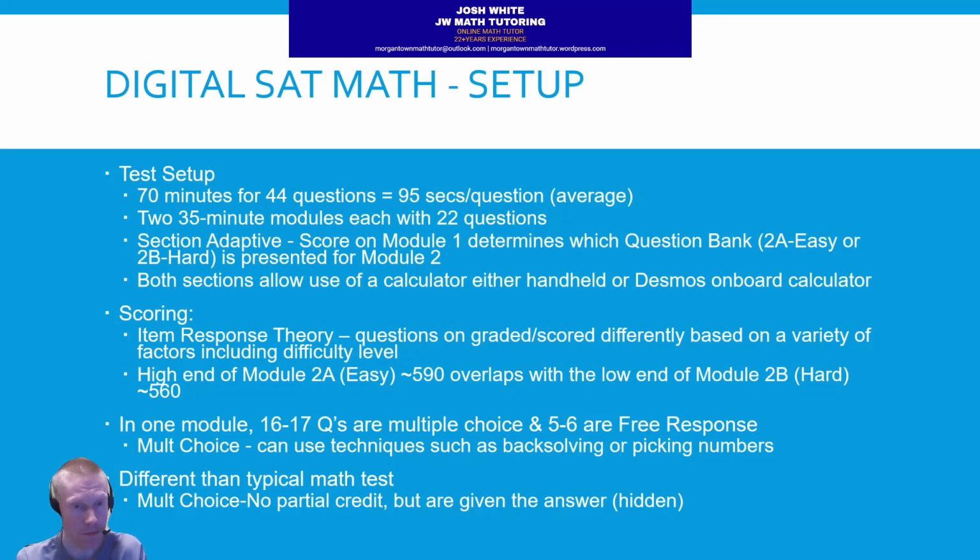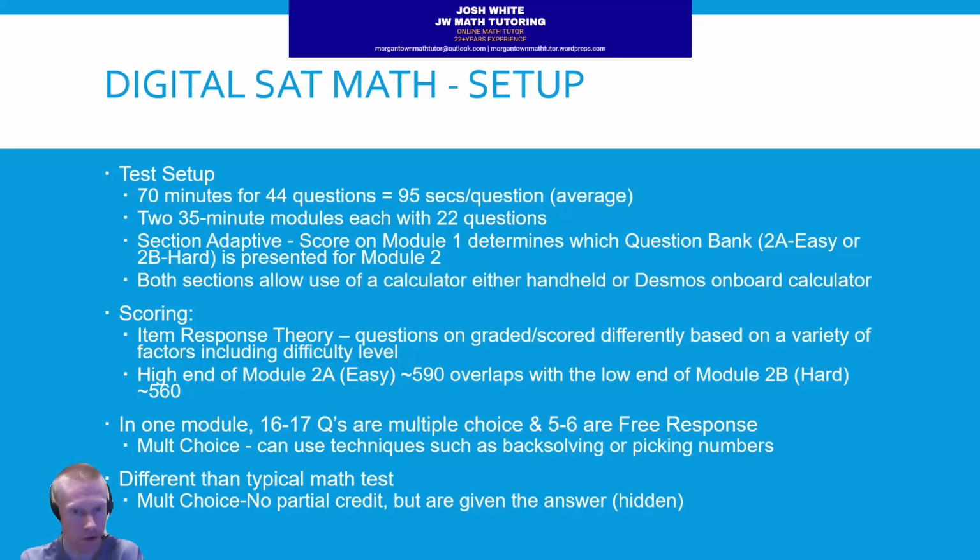And again, as I mentioned, both sections allow you to use a calculator throughout the entire test, whether it's the Desmos onboard calculator or an approved handheld calculator. They still have the same restrictions and rules in terms of handheld calculators, so just be aware of that. But you can bring a handheld calculator to use in addition to or in place of the Desmos calculator.